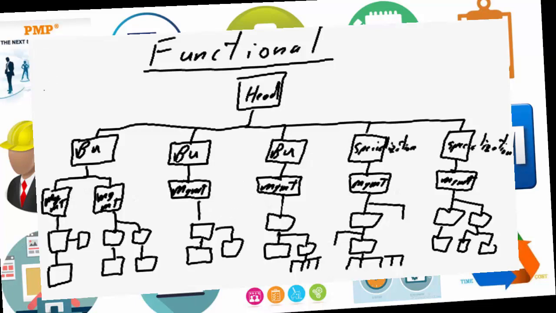From a project viewpoint, which is what we're focused on in this nugget, when you're working within a functional business unit, a functional organization, typically the projects themselves are delivered within a specific functional area. So let's assume this business unit has a need for a project.